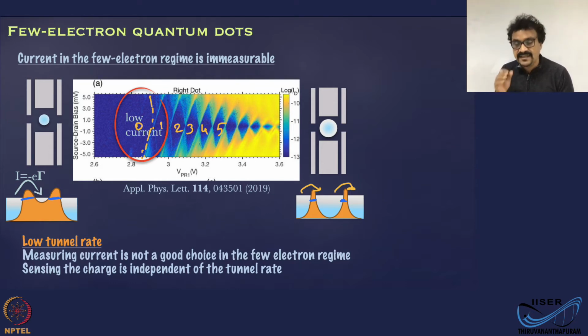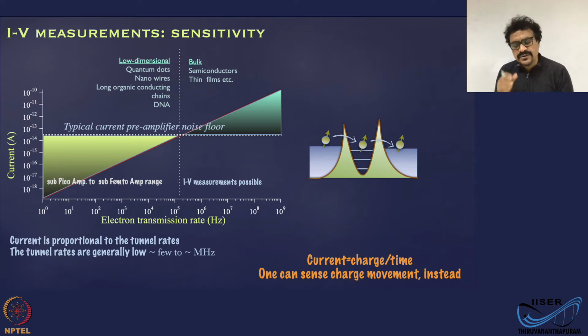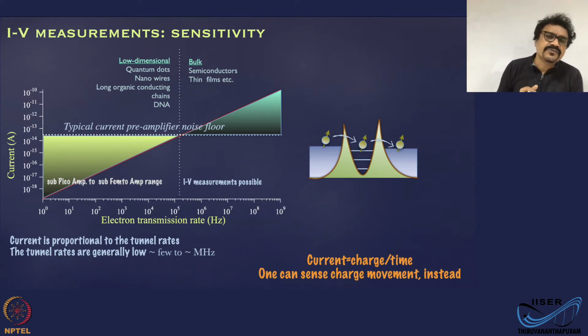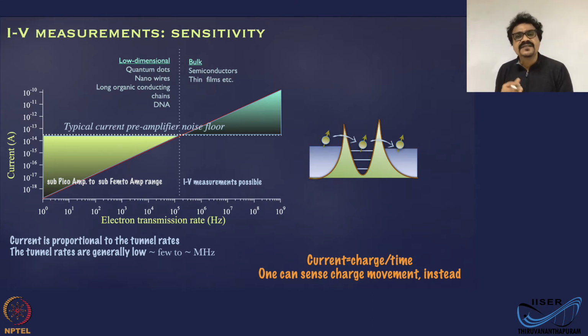Okay, and that is the topic that we are going to discuss for this and the next 2 lectures. So let us also get some idea on the sensitivity of the IV measurements.